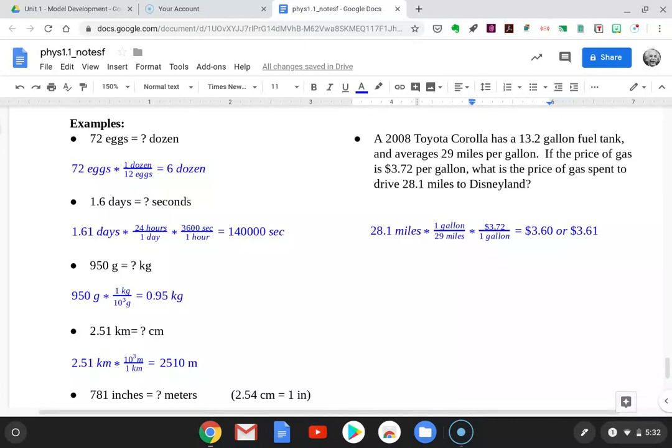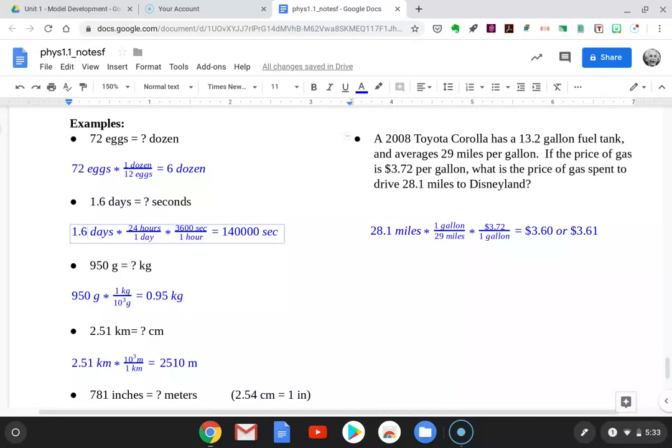1.6 days is equal to how many seconds? This is one where we're chaining these fractions together, but your number of steps depends on what equivalent statements you know. Sorry, 1.6 days. I can go from days to hours.